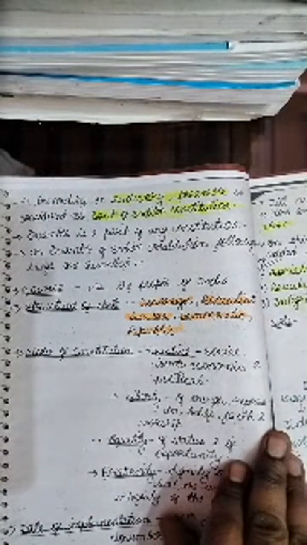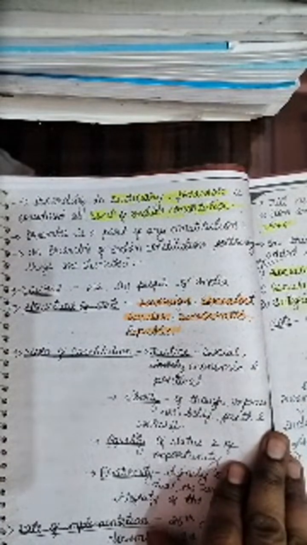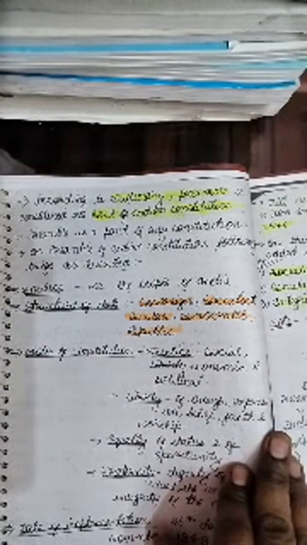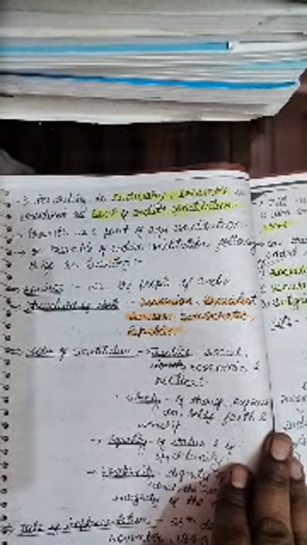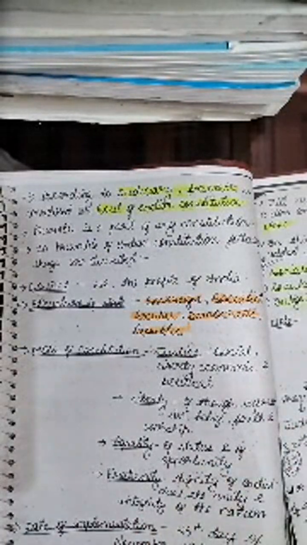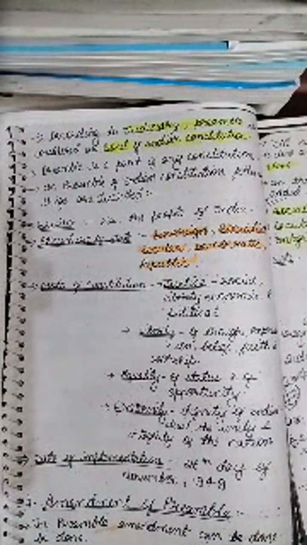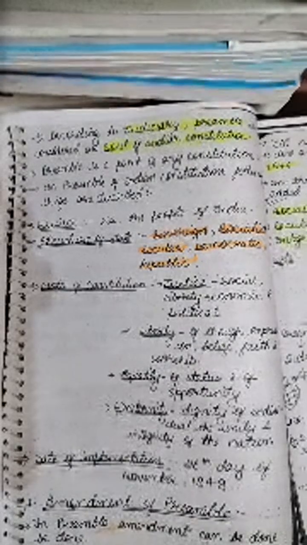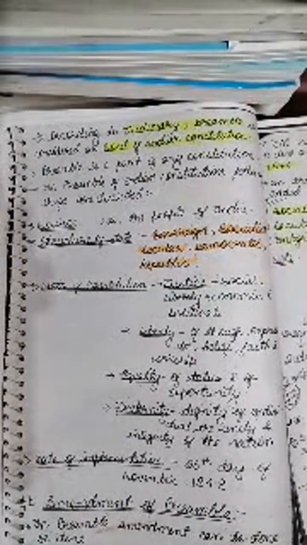Motto of the Constitution: justice, social, economic, and political; liberty of thought, expression, belief, faith, and worship; equality of status and of opportunity; fraternity, dignity of the individual, the unity and integrity of the nation.